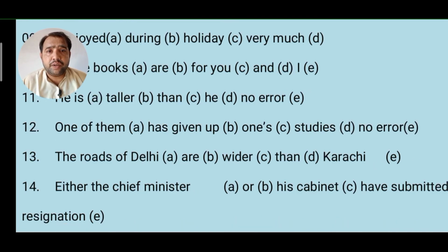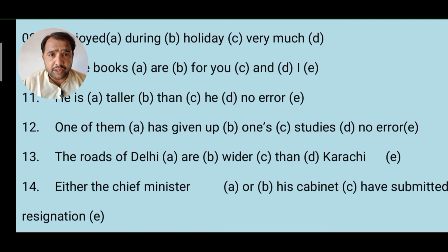According to number 12, one of them has given up one's studies. Guys, here two essential points should be remembered. Which one? Because here our first part starts with the distributive pronoun, so it agrees with the singular verb. Here you will notice that we have added a singular verb has. So here we should say one of them has given up. One is used as a distributive pronoun. Like in this sentence, you will notice that here we have used one of them has given up one's study.